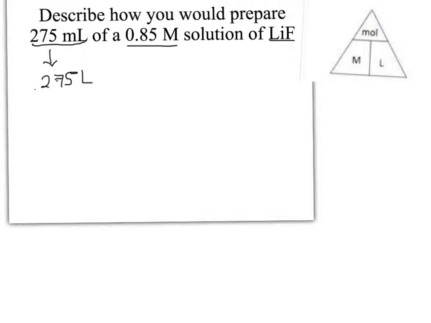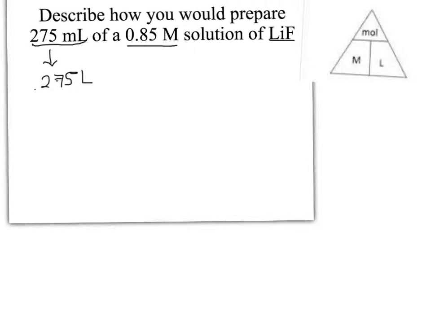So let's figure out how many moles of lithium fluoride are going to be in this solution. How do we do that? We're looking for moles, so we're going to multiply our molarity times our volume.